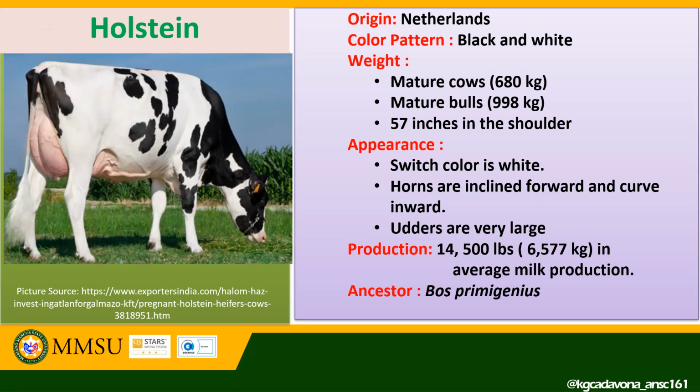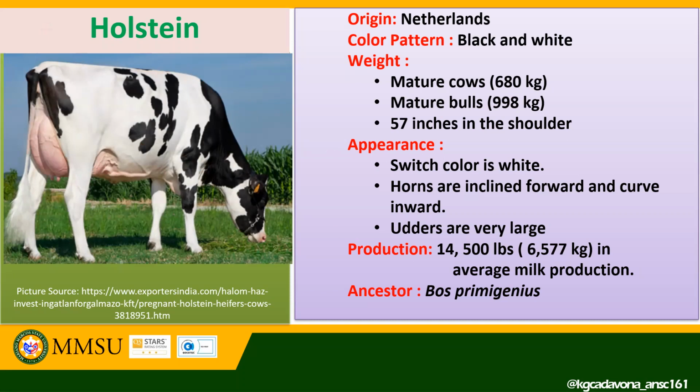Another fact about this breed: in the USA and Canada, it is named Holstein. However, in other parts of the world, they call it Friesian. So to combine it, some of the other books say Holstein Friesian. As you can see in the picture, the Holsteins are usually black and white in color.